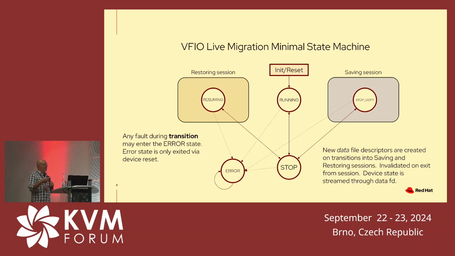So each transition into or out of these, as I've represented here, a green or blue box, represents getting a new file descriptor, and when you leave that session, it's invalidated. We're dealing with physical devices, and any transition might generate an error. So everybody has a dotted line to an error state where, to exit that error state, you have to reinitialize the device, putting you back in the running state.